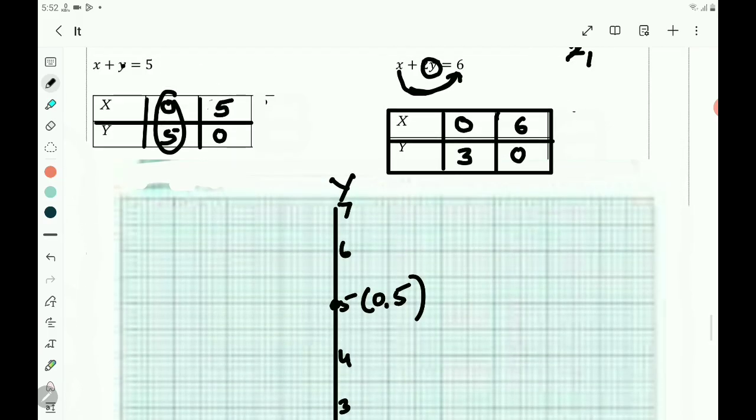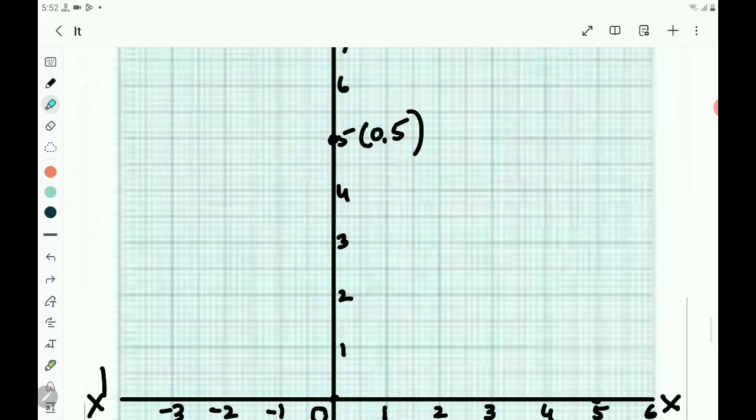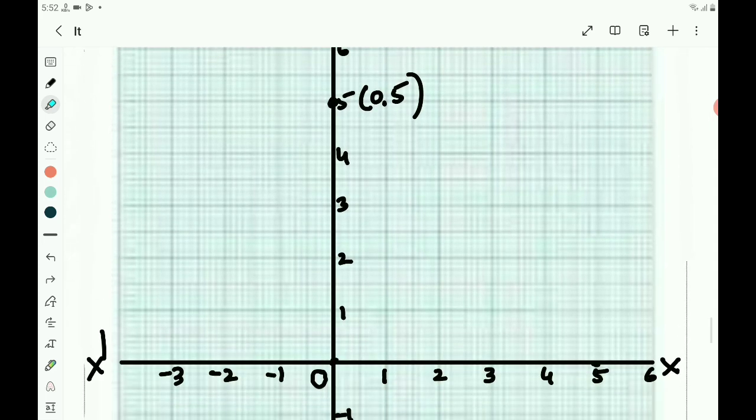for the first line. Next 5, 0. 5, 0 means x is 5 and y is 0. X is 5, y is 0 means the point lies on the x-axis only. The first point, y is 5 and x is 0. If x is 0, y is 5 means it lies on the y-axis.